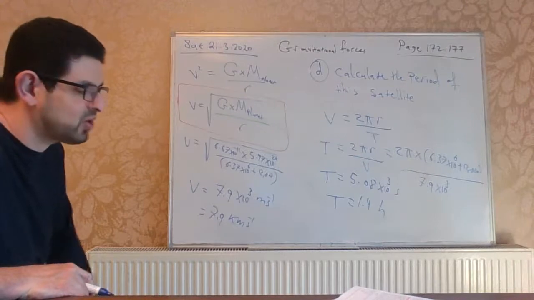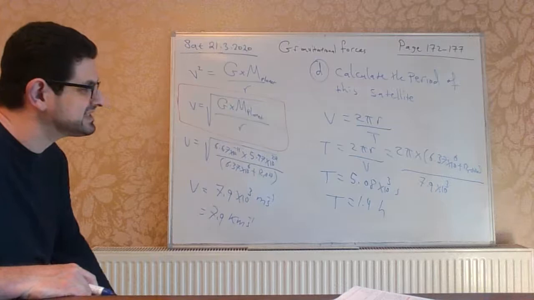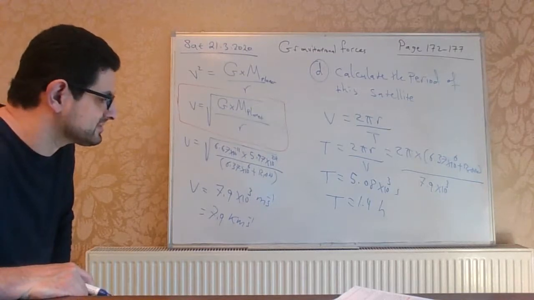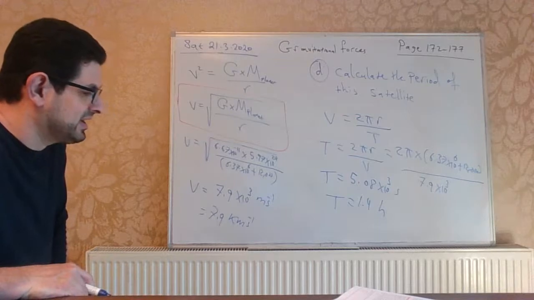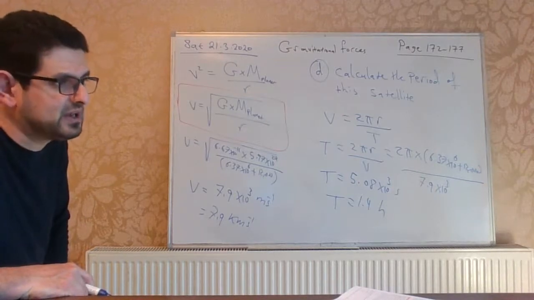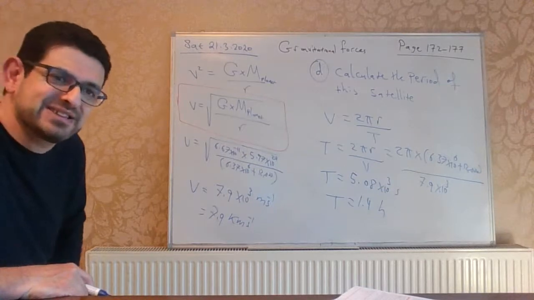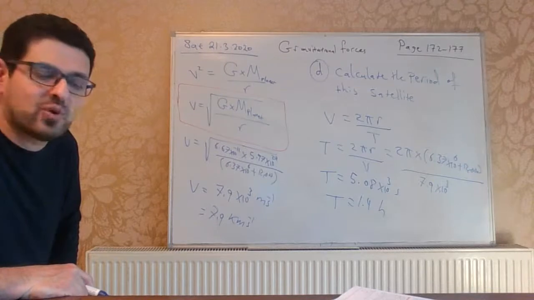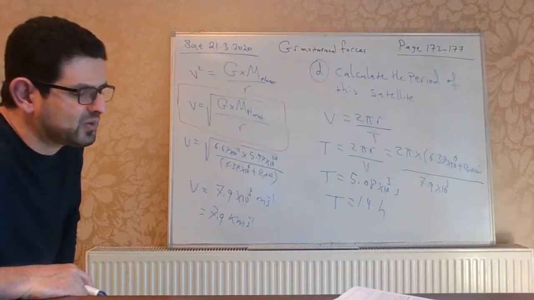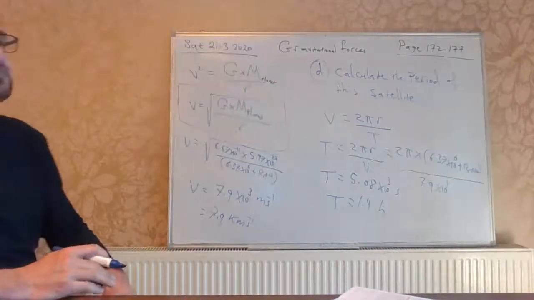So this satellite rotates around the Earth within 1.4 hours. It finishes one full cycle. So this satellite can be used, for example, for forecasting. If you want to know what's happening to the weather worldwide, how do they know what will happen in Jordan and the United States at the same time?